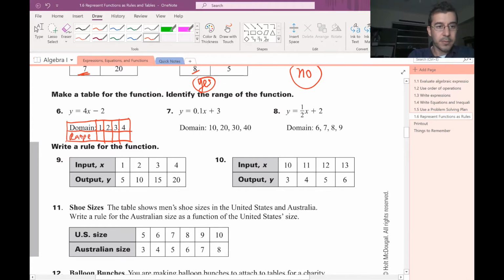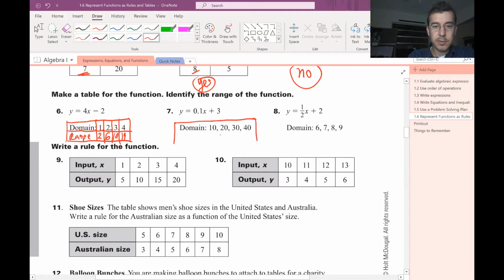So for x is 1, we have 4 times 1, which is 4, minus 2 is 2. For x equals 2, we have 4 times 2 is 8, minus 2 is 6. For 3, 4 times 3 is 12, minus 2 is 10. For x is 4, we have 4 times 4, which is 16, minus 2 is 14. Okay, so the range is 2, 6, 10, and 14.